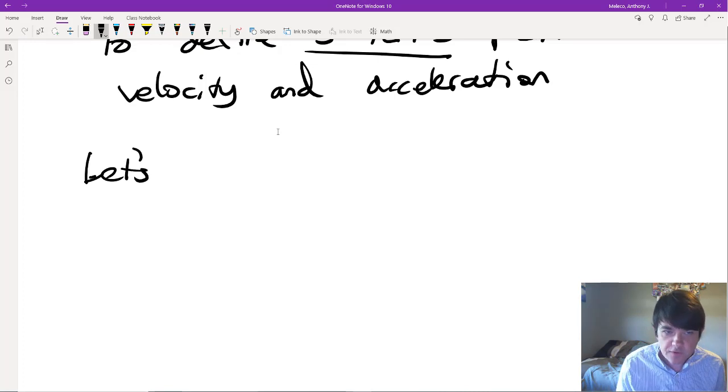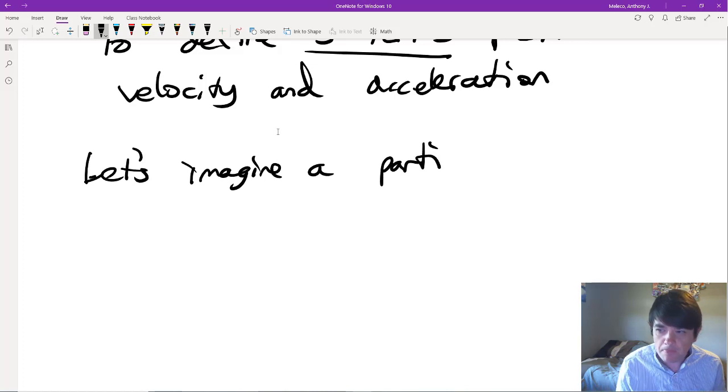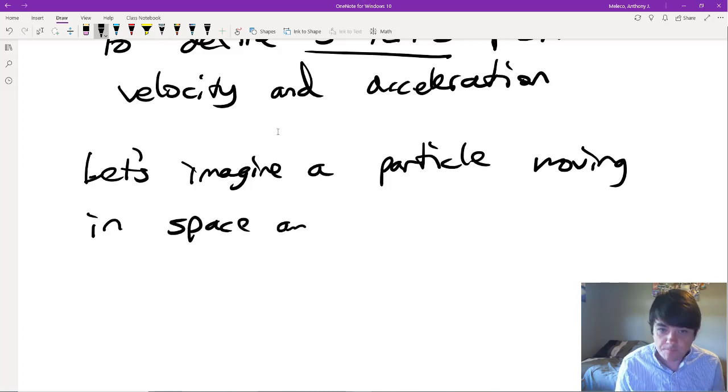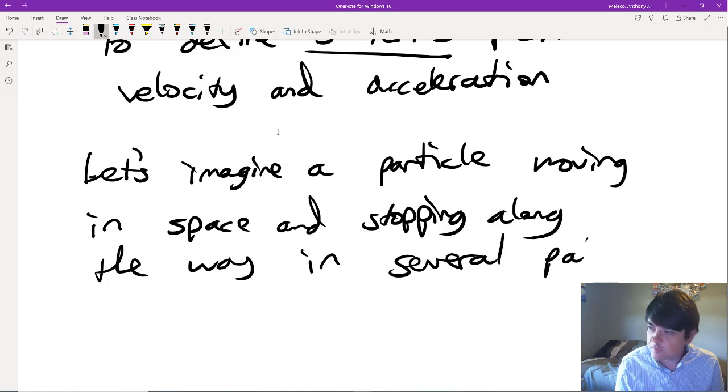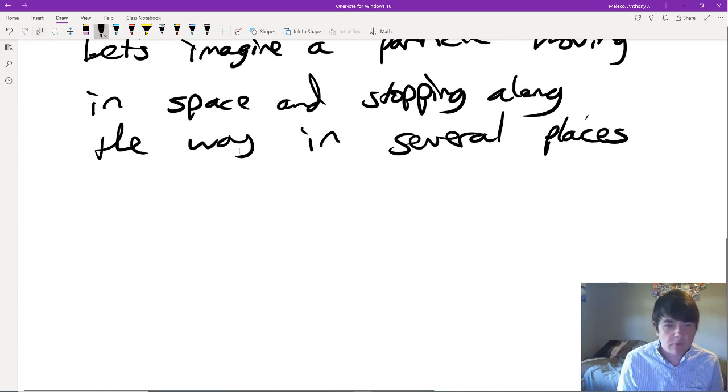So, to start this little discussion here, let's imagine a particle moving in space and stopping along the way in several places. Okay? So you've got some particle, doesn't really matter what it is. It starts at place 1.